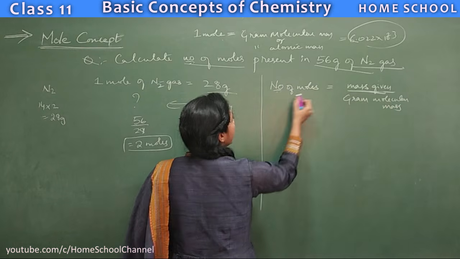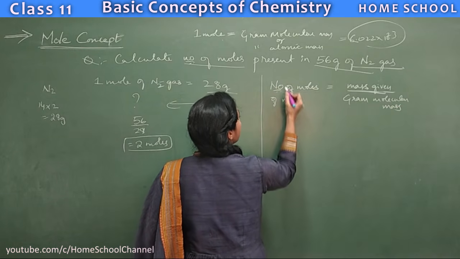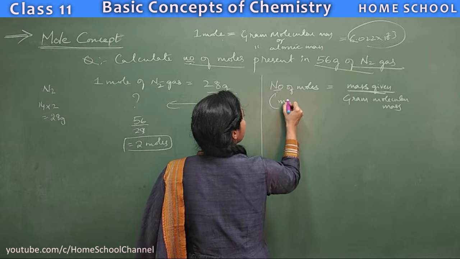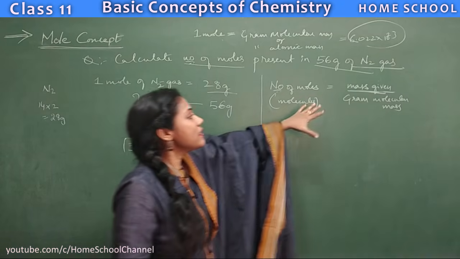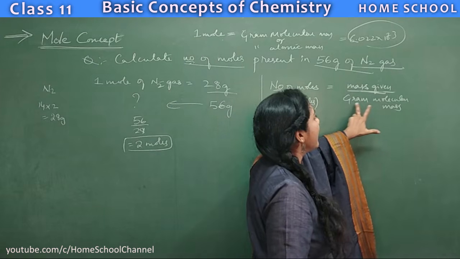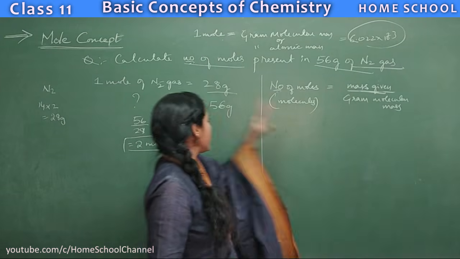So if you want to calculate the number of moles of molecules, the simple formula is mass given divided by gram molecular mass.